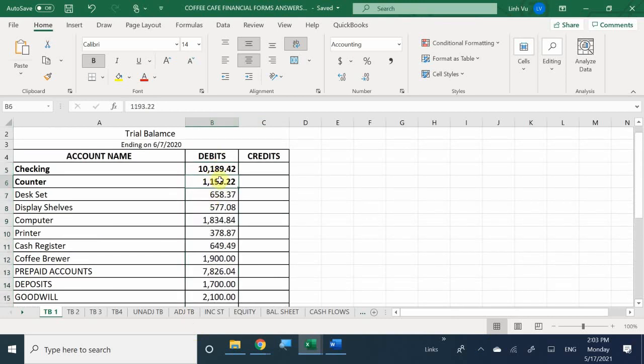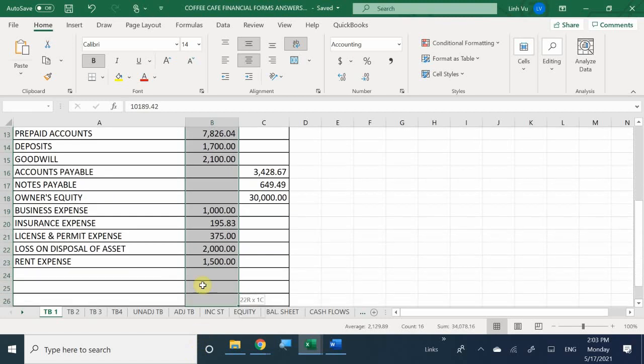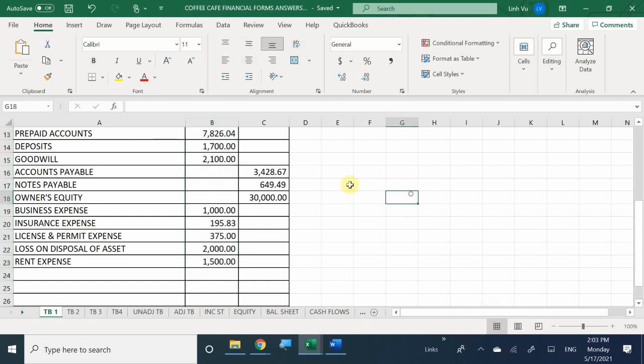You just click and drag all the way to the bottom, and you should be able to see your sum right here in the corner. I get $34,087.16. That's so weird.